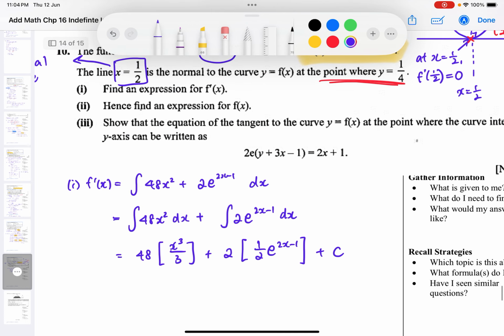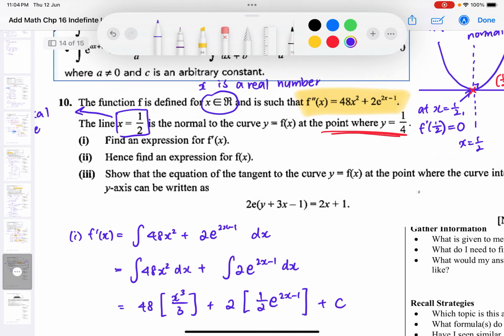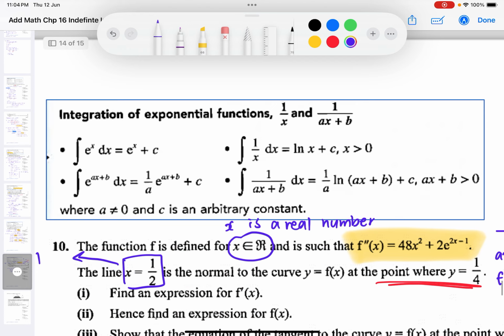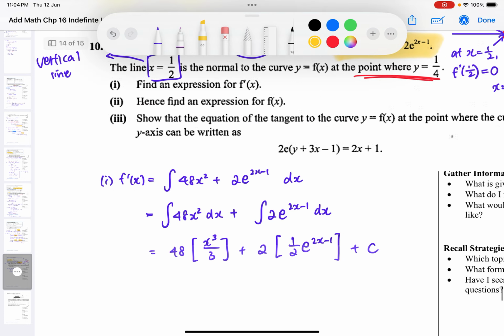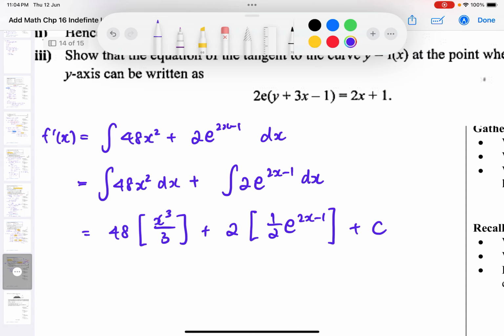If you forgot how to integrate the exponential function, the formula is here. Then we will simplify this expression. 48 divided by 3 gives me 16x cubed, plus 2 times half is just 1. So this becomes e to the power of 2x minus 1.